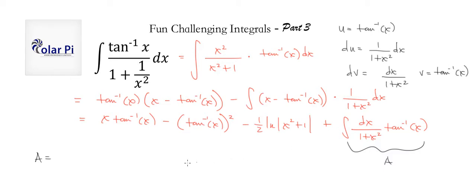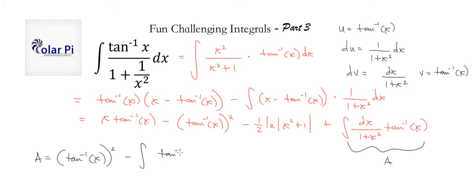So then by the integration by parts formula, A is going to be uv, which is tan inverse x times tan inverse x, therefore tan inverse x all squared, and then minus, see, I wasn't joking about having to write tan inverse so many times, uv minus the integral of v du, and v is tan inverse x.